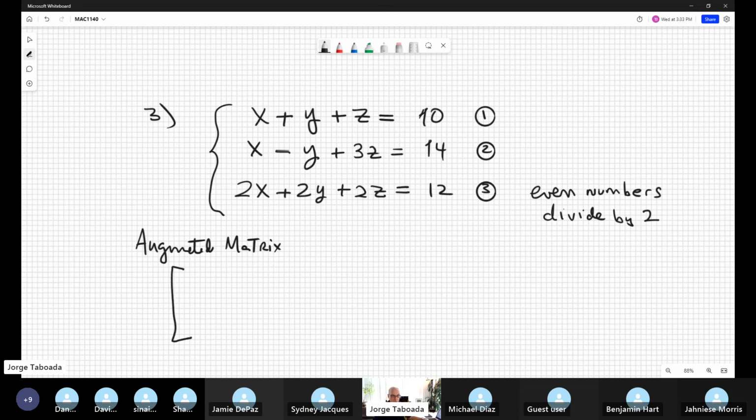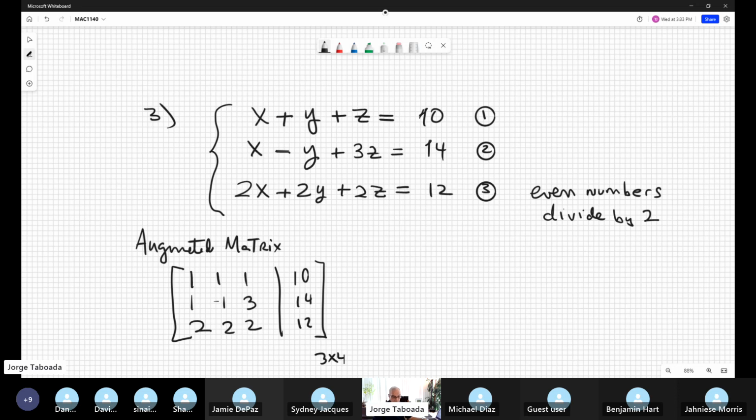Okay, in that case the augmented matrix is 1, 1, 1, 10; 1, 1, negative 1, 14; 2, 2, 2, 12. By the way, that matrix has dimension 3 by 4. We have 3 rows, which is logical, because we have 3 equations.